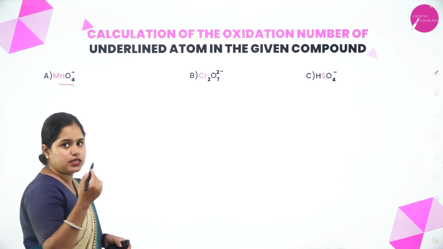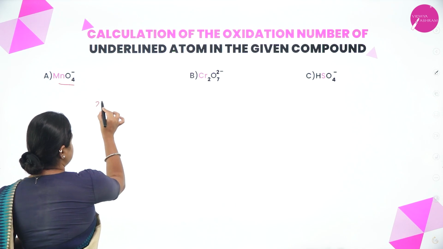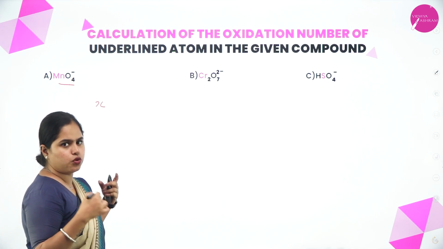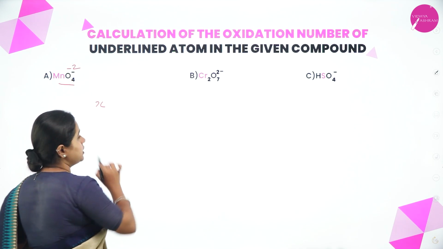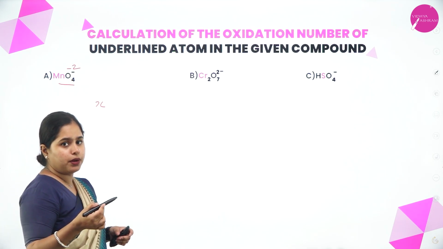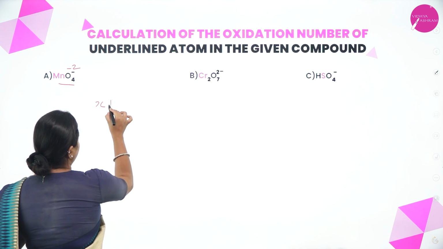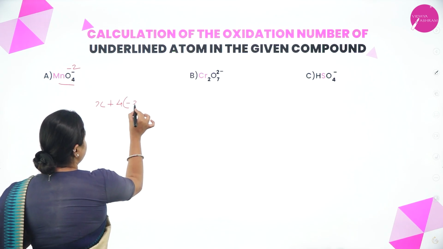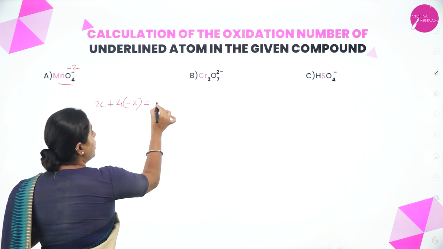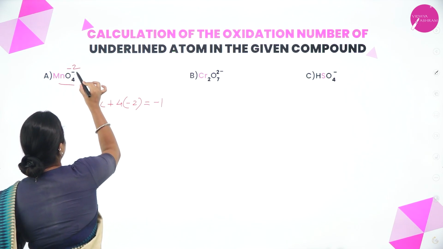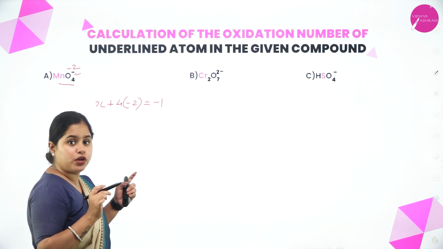Again, manganese, I don't know, so I'm going to take it as X. There is only 1 atom of manganese, so no need to take 2X. It is just X. For 1 atom of oxygen, the oxidation number is minus 2. How many are there? There are 4. So 4 into minus 2 will be equal to what? The charge here is minus 1, so it won't be equal to 0.